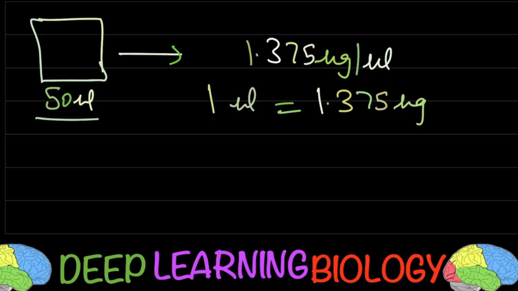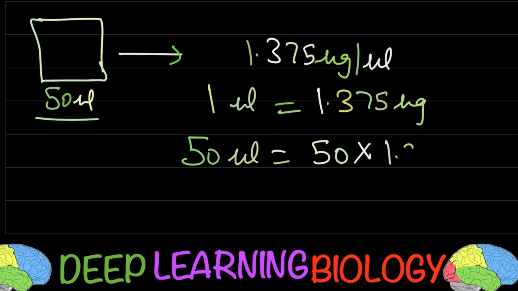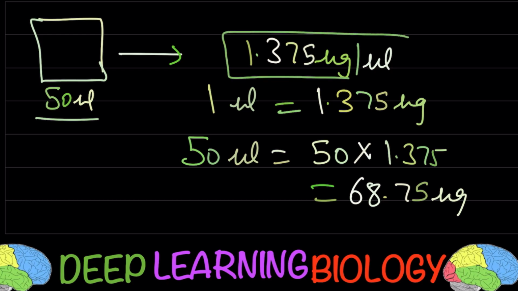What will be present in 50 microliter? It's simple, 50 into 1.375. If you calculate this, it will be 68.75 microgram. We have already calculated the DNA concentration of the 50 microliter sample. Now, how much total DNA was purified? So this is your answer.